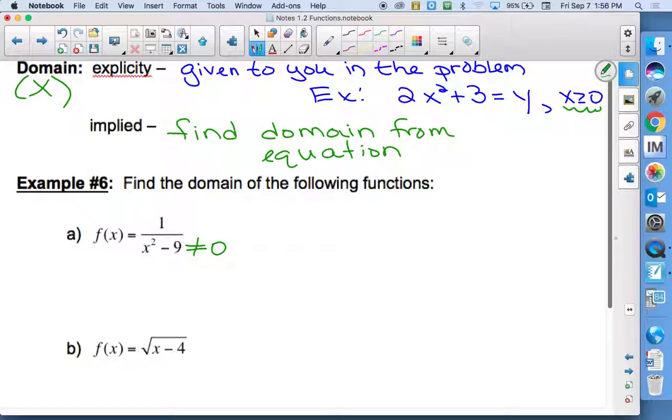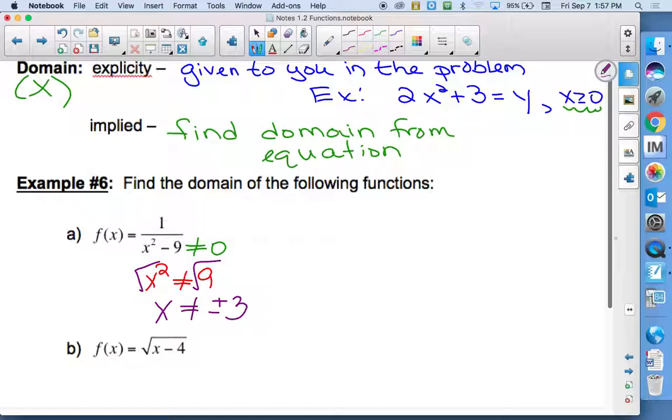If you solve the little equation in the bottom, so x squared is not allowed to be 9, and take the square root, Eris, what can't x be? -3 and +3. Because the square root of 9 is 3 and -3. 3 squared is 9, 9 minus 9 is 0.